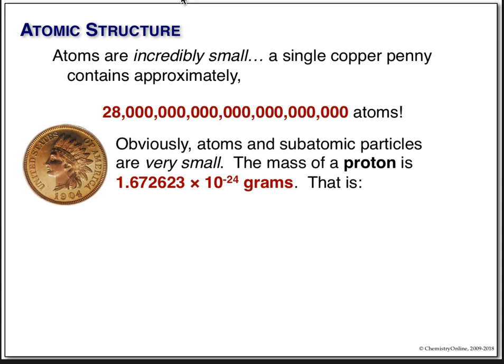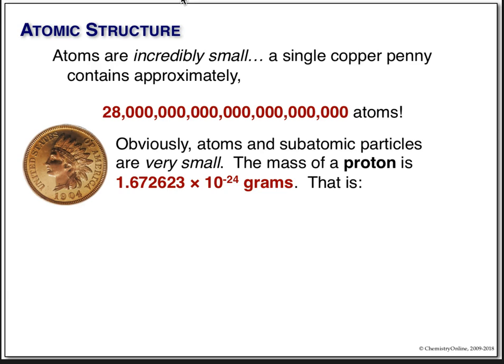A proton. Every atom will have protons, neutrons, and electrons. The mass of a proton has been measured. It's about 1.67 times 10 to the minus 24 grams. Tiny. This number here is scientific notation.